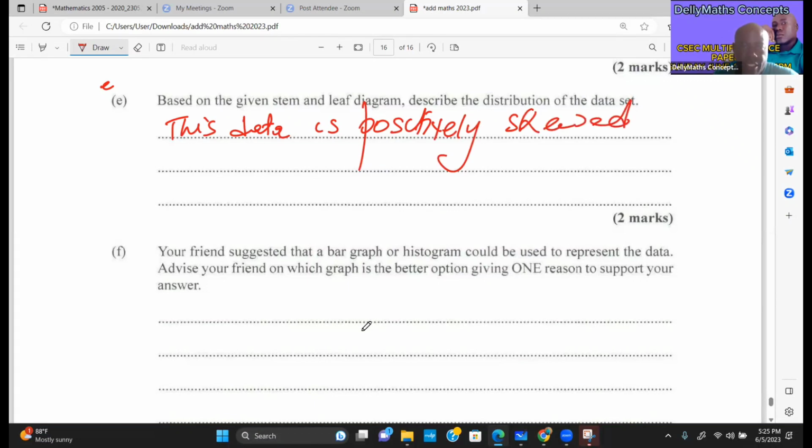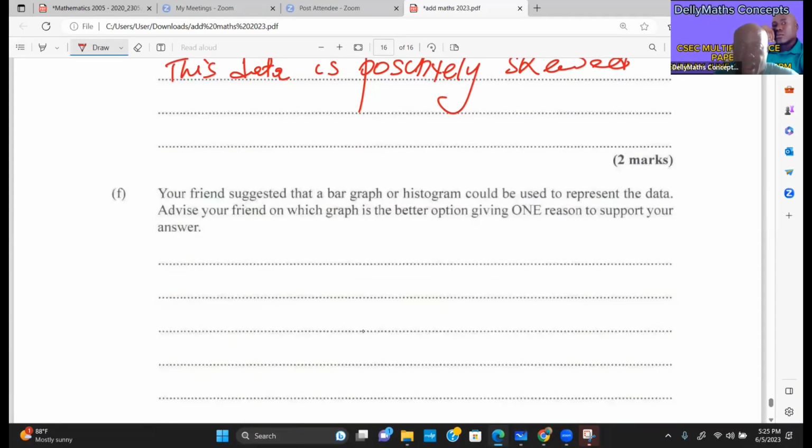All right, your friend suggested that a bar graph or histogram could be used to represent the data. Advise your friend on which is the better option, giving one reason to support. Now, we have bar graph and we have histogram, right?